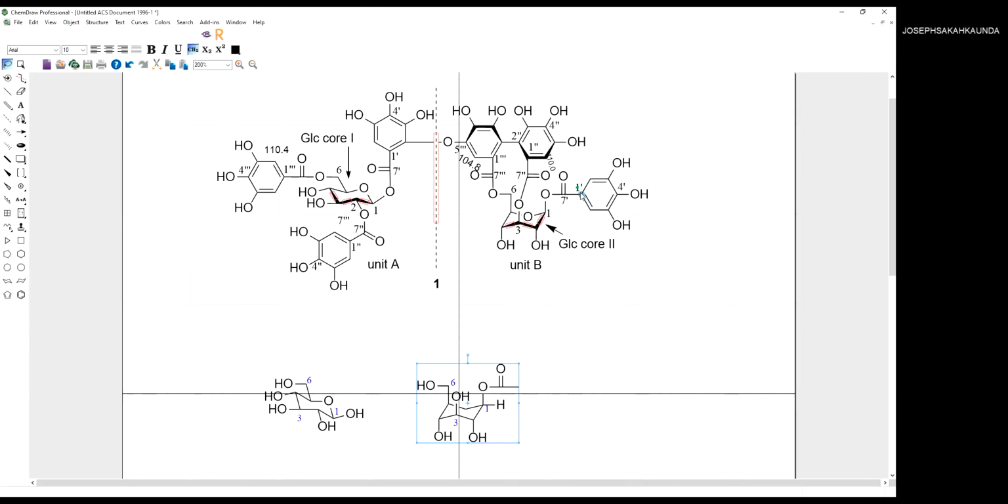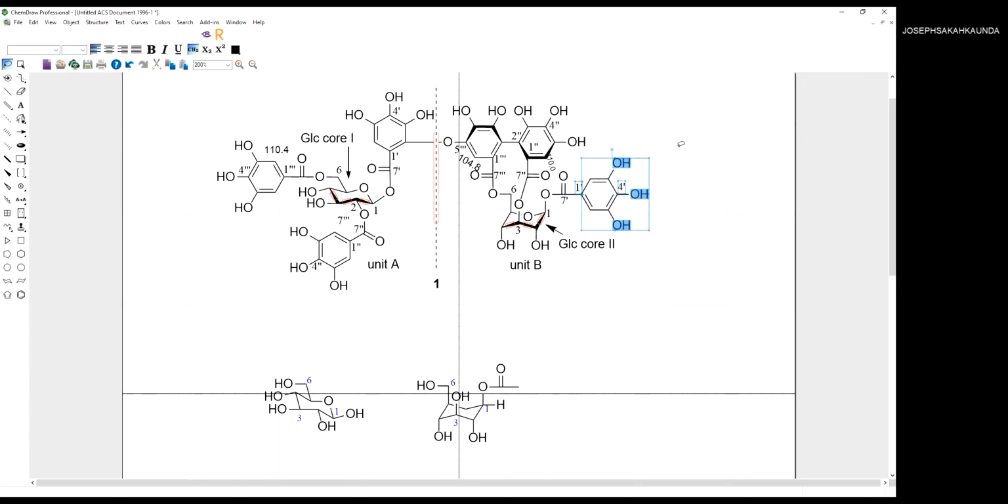Why? It is a carbon to carbon linkage. There's carbon here. So it has a smaller chemical shift value. You'll say it is upfield shifted. This is more downfield shifted than this. Yes. So already you can assign this easily.